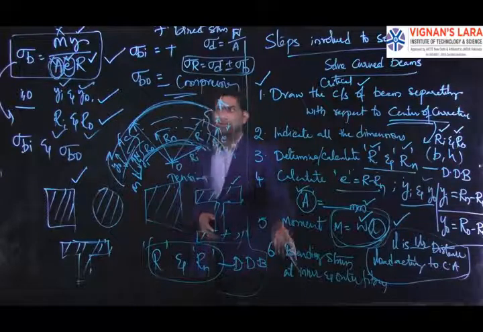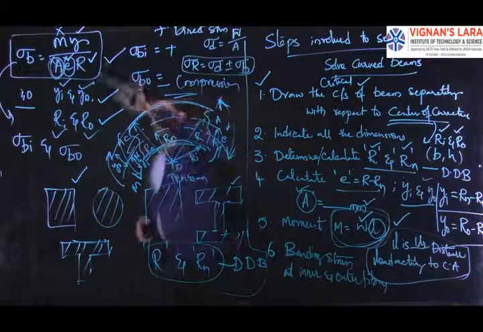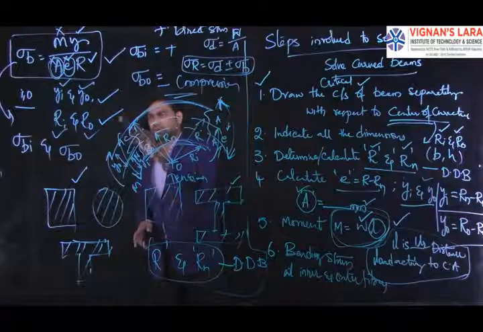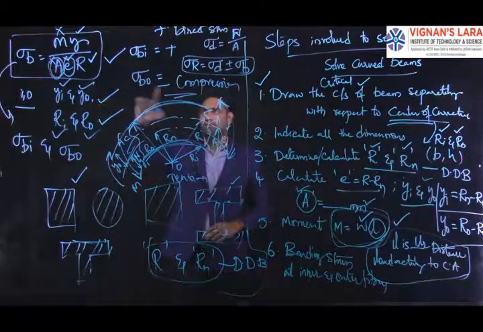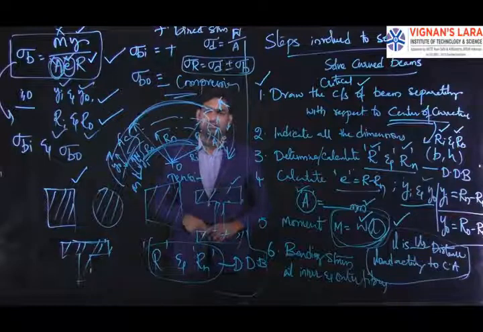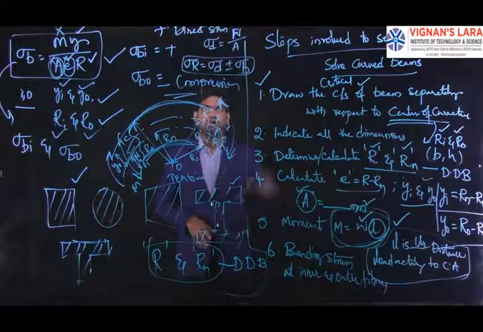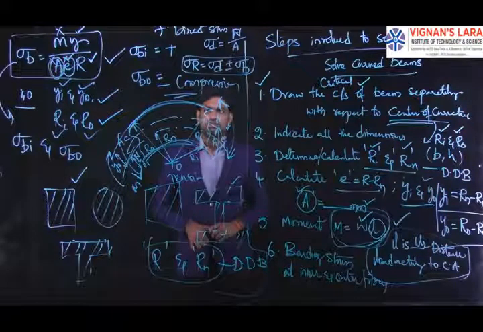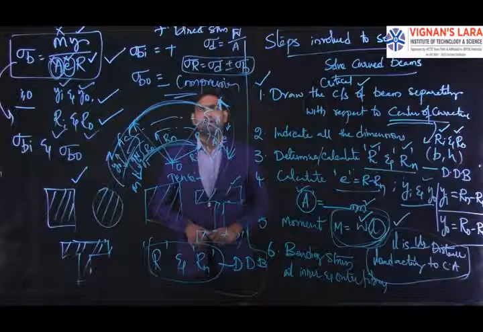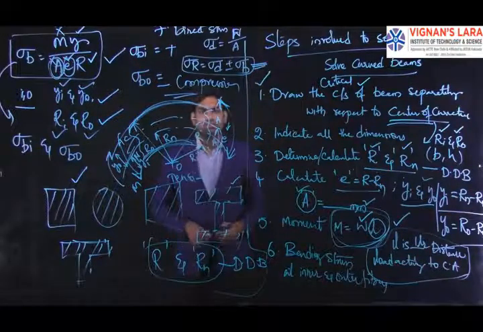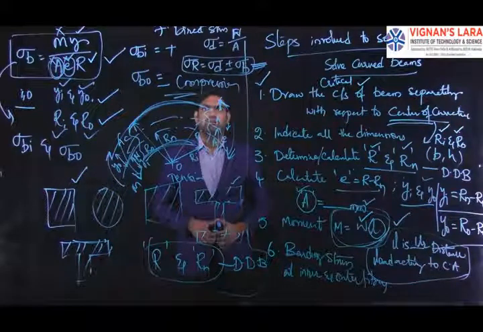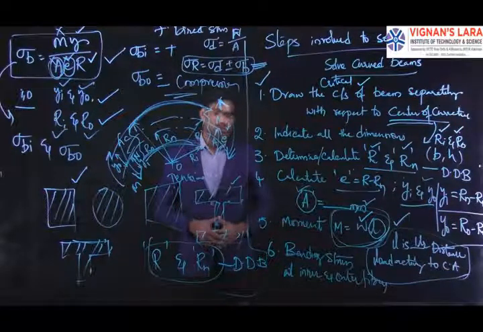Finally, you find the bending stress using this relation by substituting the corresponding distances and radii of curvature. We get the stress values at the inner and outer fibers, and then we find the direct or axial stress, load by area, and finally the resultant stress, which is the algebraic sum of the direct stress and the bending stress.